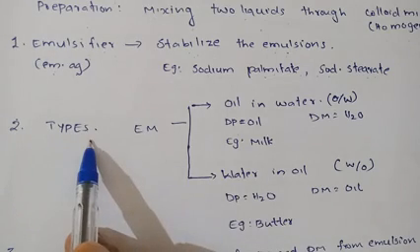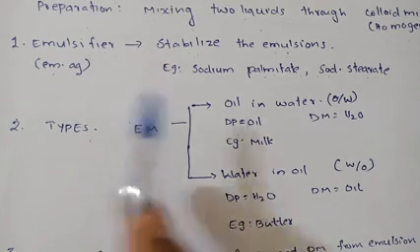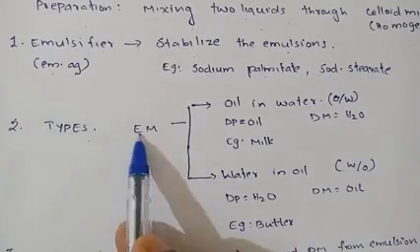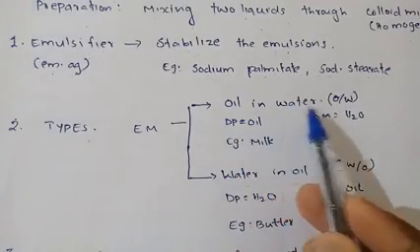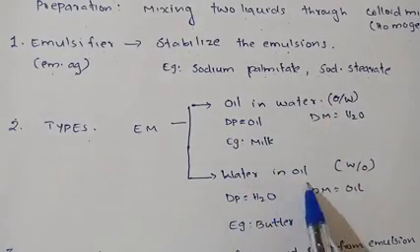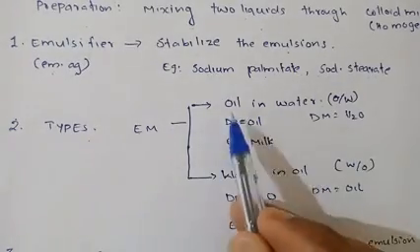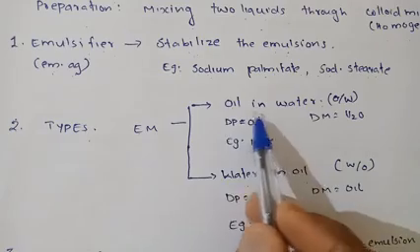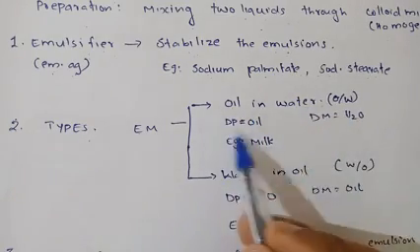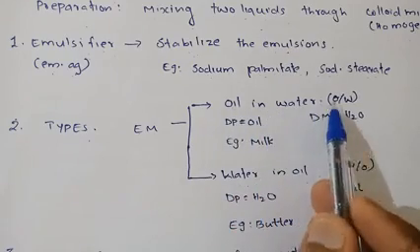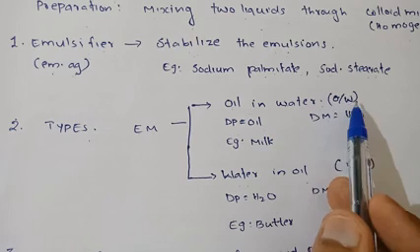The second thing you have to study about these emulsions is types. So emulsions are classified into two types: oil in water and water in oil. Simply we can say what is meant by oil in water. If dP is oil and dm is water, we can call it an oil in water emulsion, or O/W emulsion.